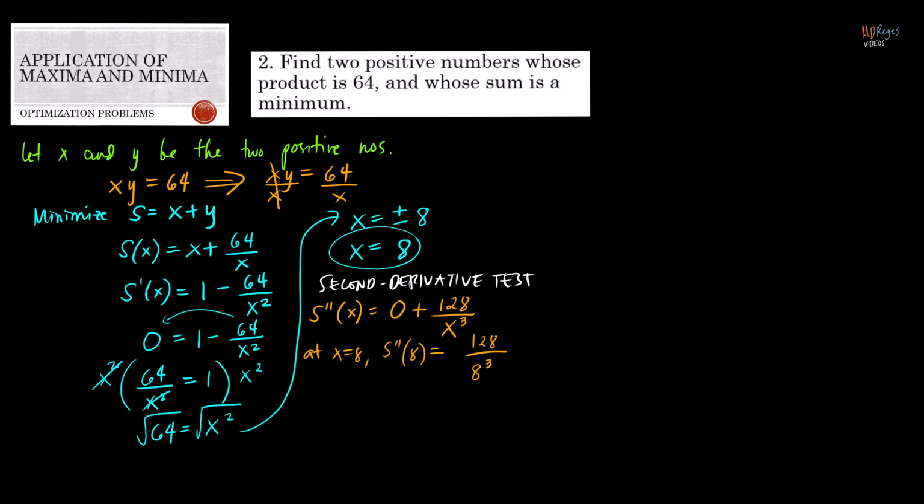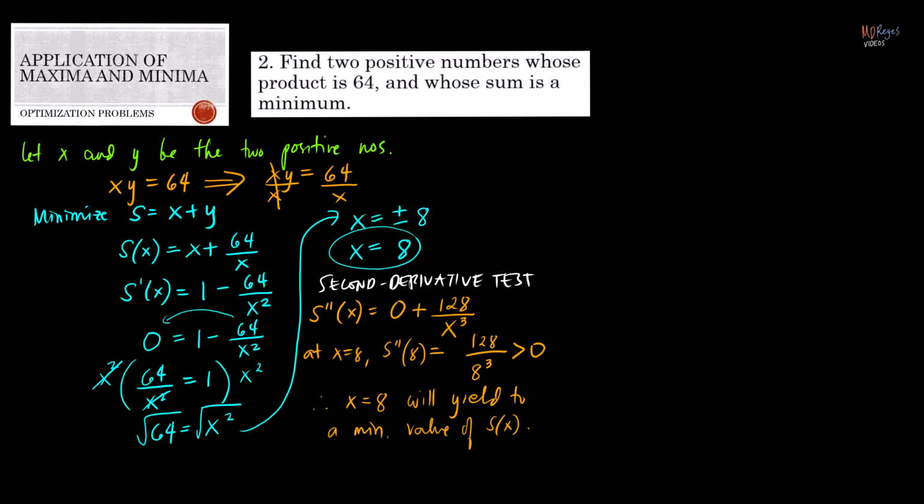We don't need the exact value of this number anymore, but what we want to see is whether s double prime of 8 is a positive number or a negative number. Obviously this is positive, which is greater than 0. So therefore, x equals 8 will yield a minimum value of the function s of x.